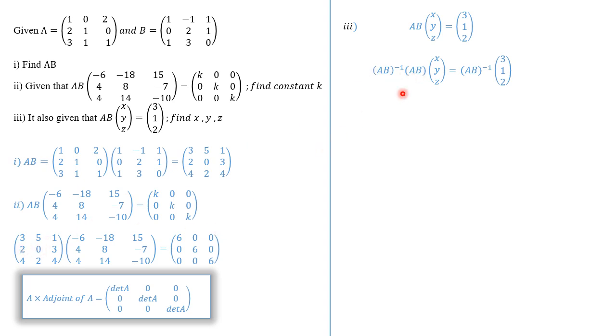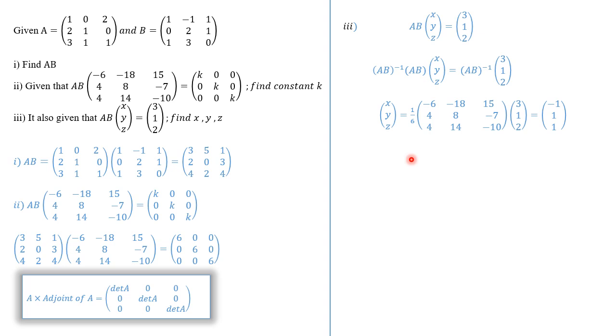So that single matrix here gives (AB) inverse times AB times xyz is equal to (AB) inverse times 3, 1, 2 here. Right, so in this part we are going to have the identity matrix. Then xyz is equal to the inverse times 3, 1, 2 here. So you multiply this matrix times 3, 1, 2. This will give you -1, 1, 1 here.